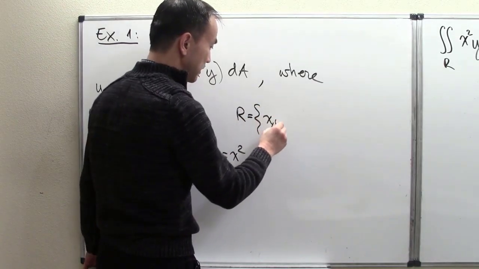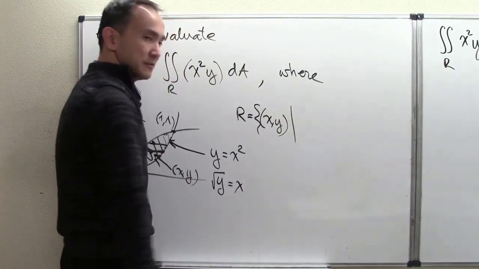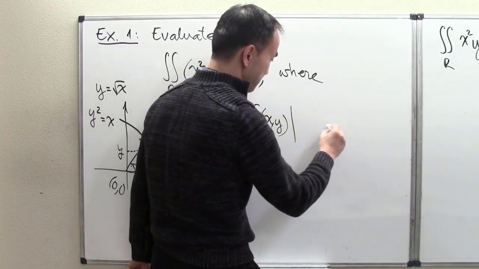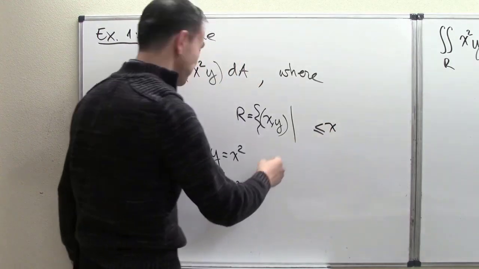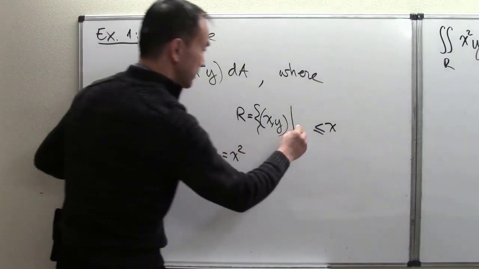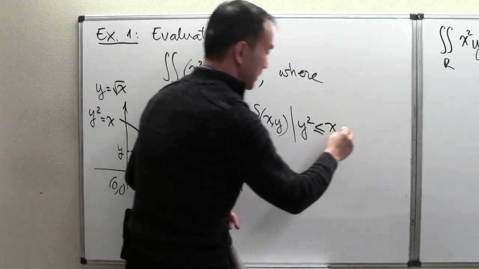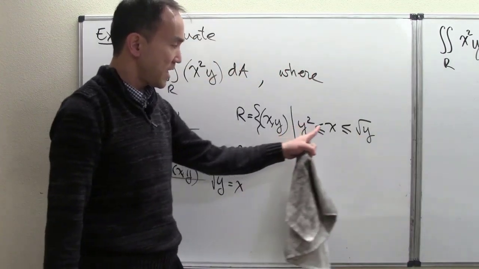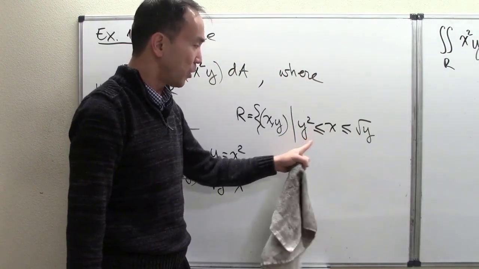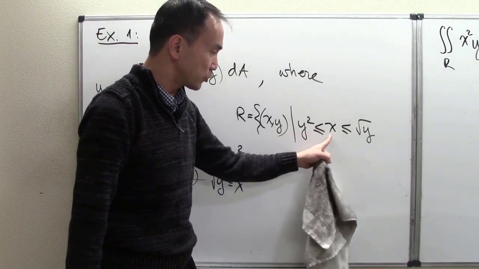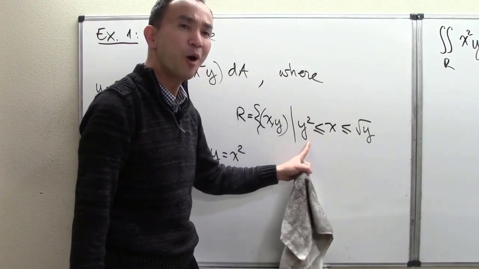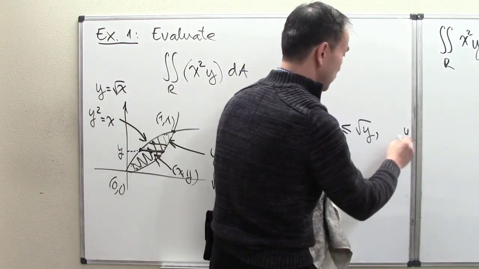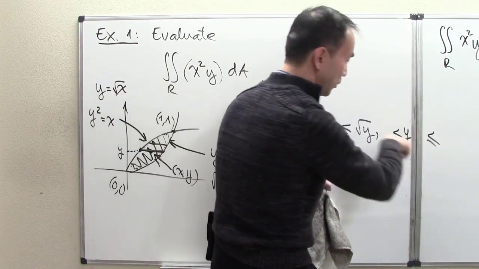It contains all of the x, y points where the x value is anywhere between the left curve, the y squared function, and the right curve, the square root of y. So x is expressed as an inequality, trapped between two functions of y.